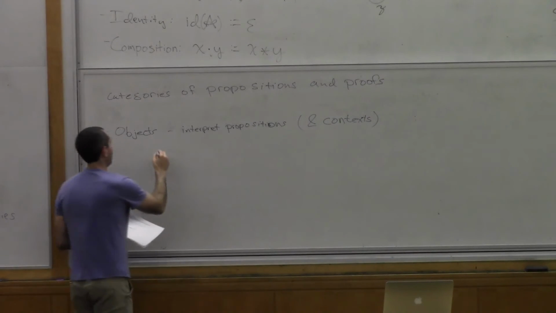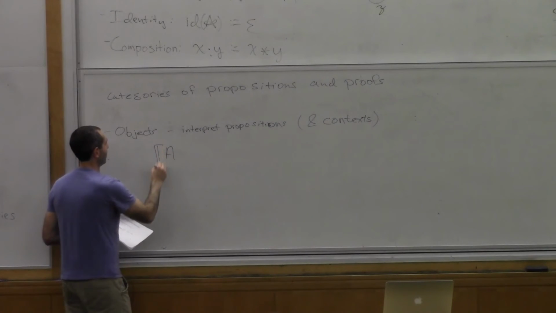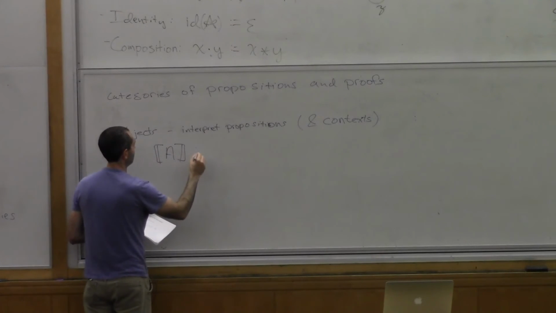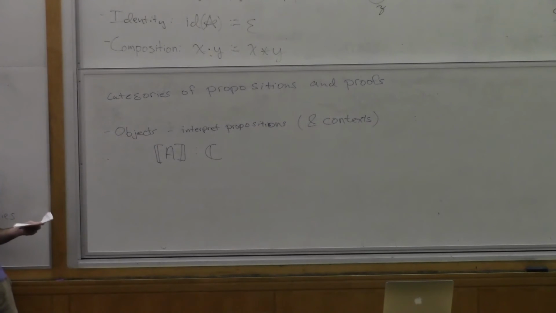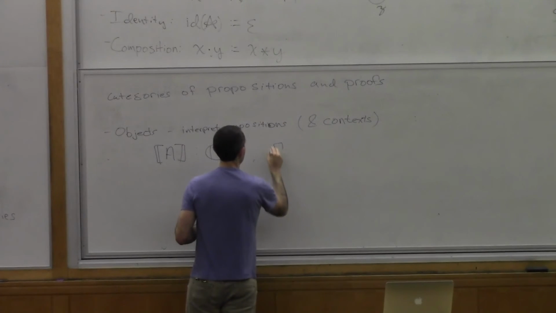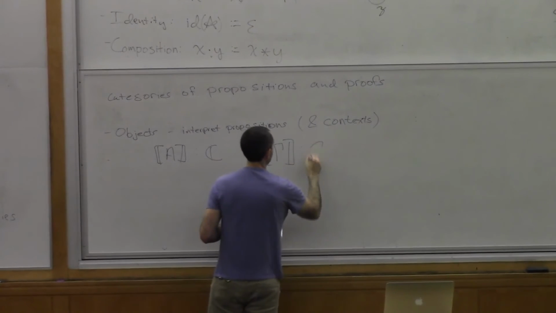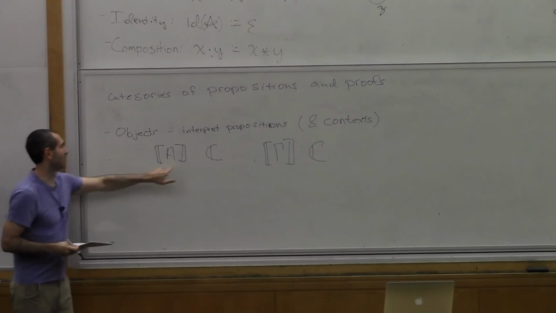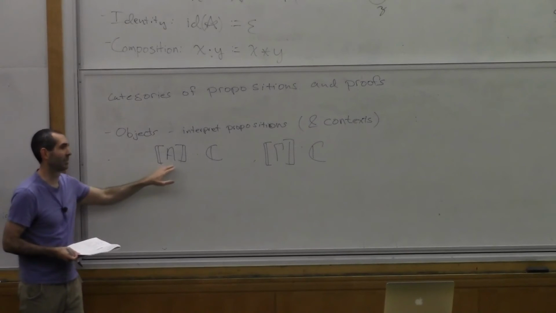So if we have a proposition A, we're going to have to find some kind of interpretation function which sends the interpretation of A to an object in some category eventually. This is way underspecified so far, but I'm just giving you the idea. Likewise, if we have some propositional context, we're also going to interpret that as an object in some category. These double brackets are semantic brackets or Scott brackets, and it just means the interpretation of.